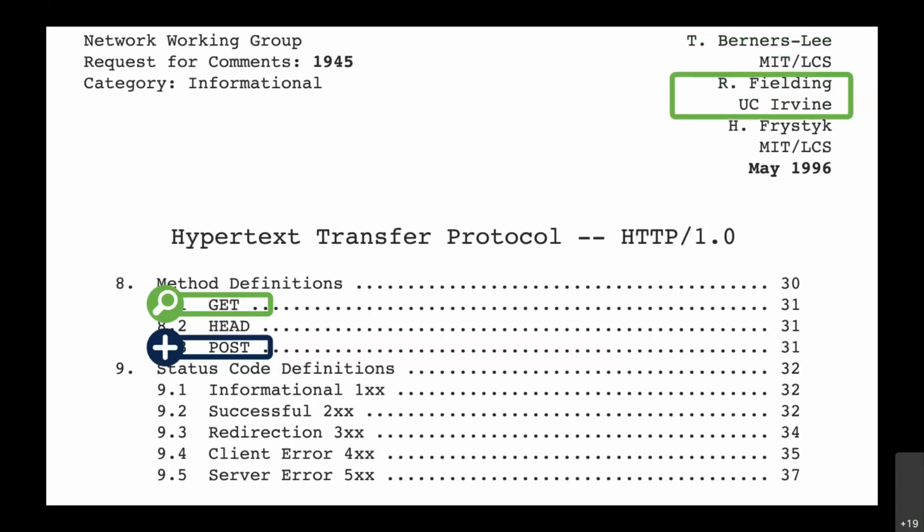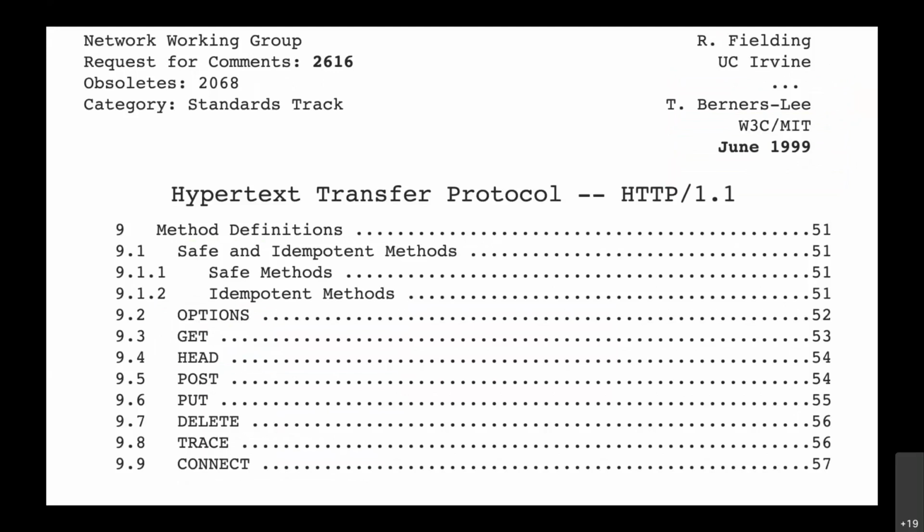As of 96, the internet starts to explode and HTTP is very popular. They go off and do an update for HTTP 1.1, and now you start to see not only the get and the post, but a put and a delete. If you think about it, this is that insert, select, update, and delete.